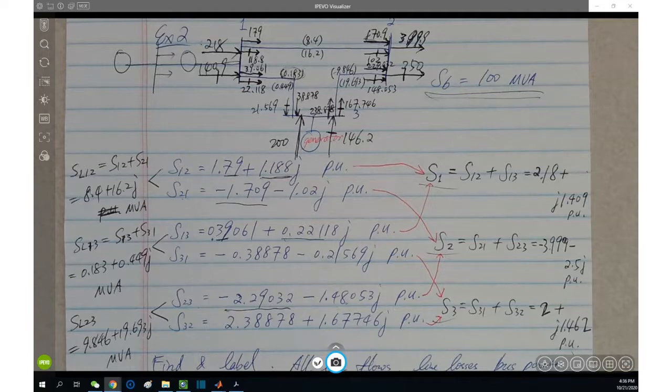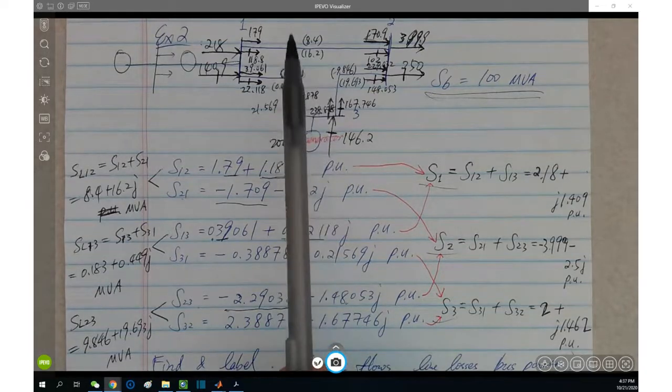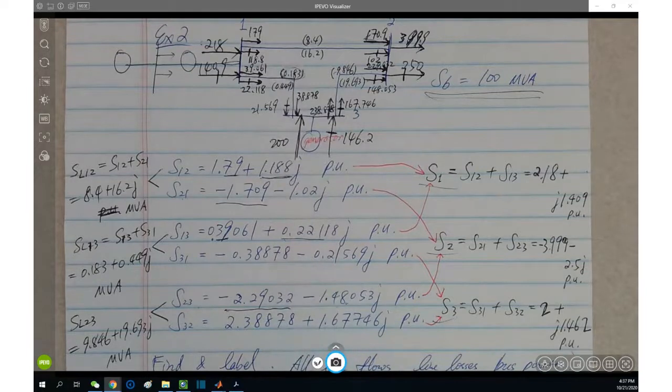So if each one of the lines was three phase, we would just literally multiply the whole circuit by three. Because this given network is per phase, right? It's per phase, so you label everything per phase as well.